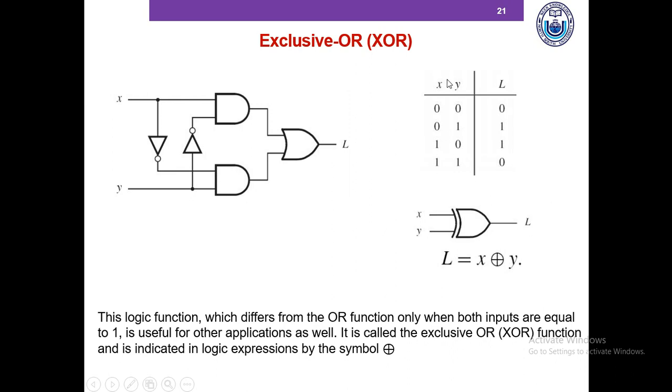If it was the truth table of an OR gate, the output for the last row would have been 1. Now here it's 0. That's why it's called an exclusive OR gate, because it's like OR gate, but a bit exclusive. So this logic function, exclusive OR or XOR, which differs from the OR function only when both inputs are equal to 1, is useful for other applications.